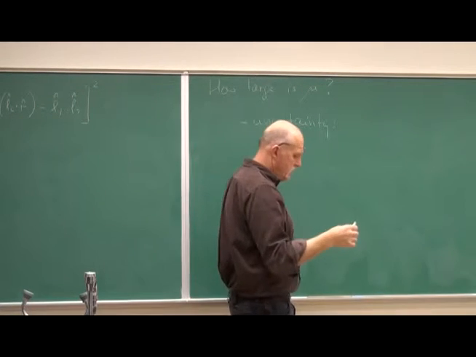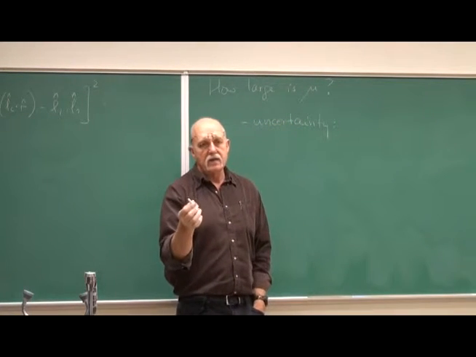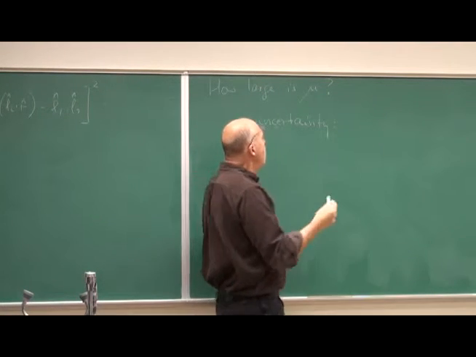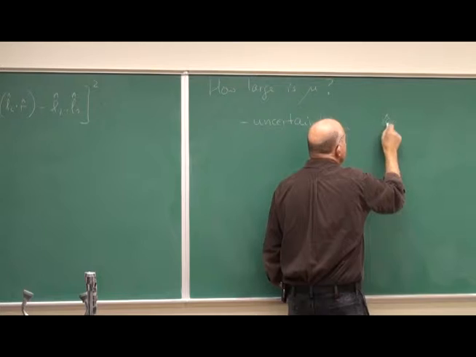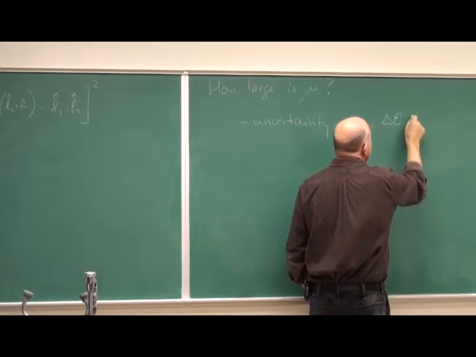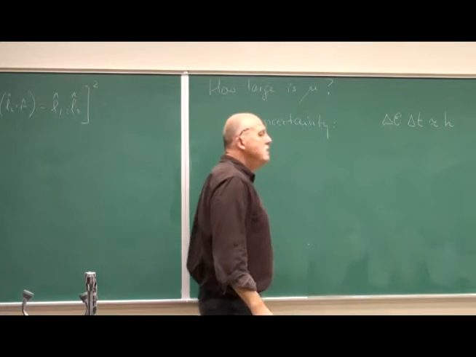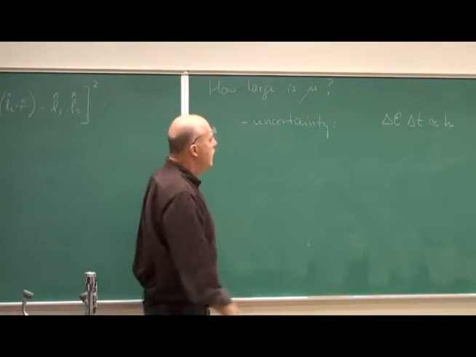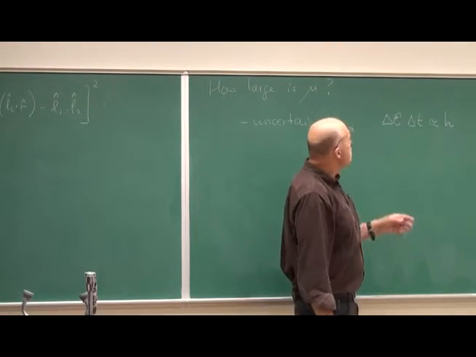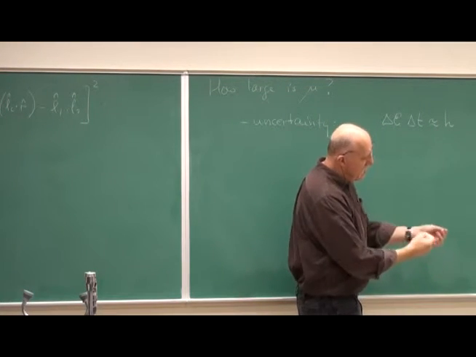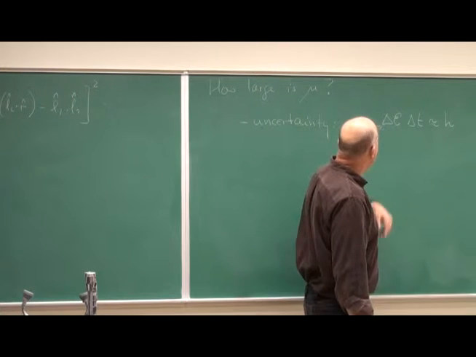One way is delta P, delta Q is Planck's constant, or we can write it as delta E, delta T is another Planck's constant. So the energy can fluctuate in some time interval in the same way that momentum and position are coupled.